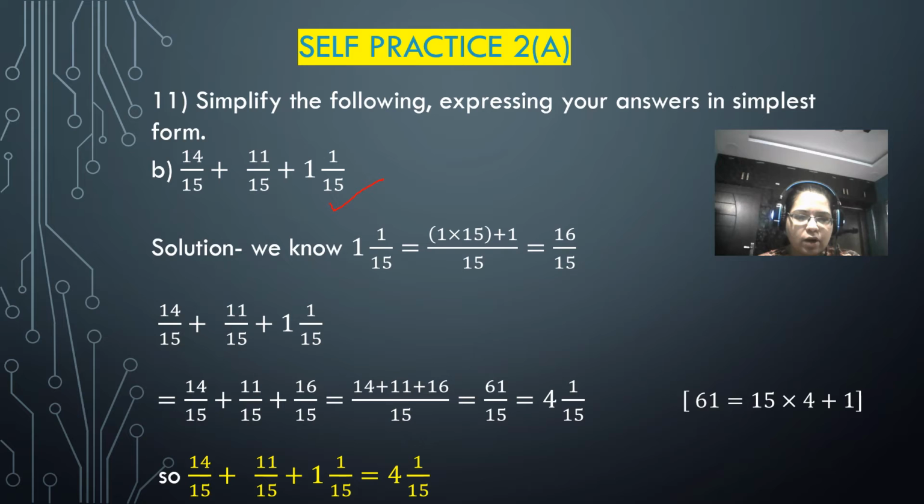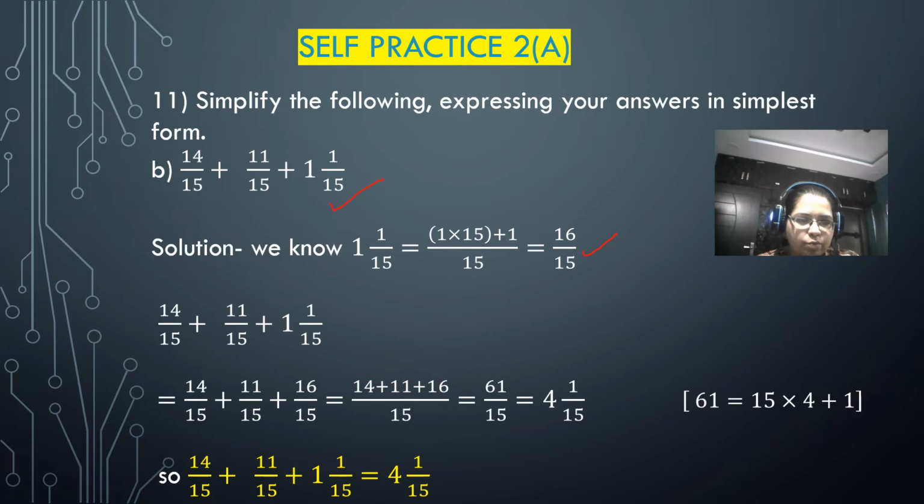So for a mixed fraction, multiply the denominator with the whole, plus the numerator, divided by the denominator. So multiply the denominator 15 with whole, 15 multiplied with 1 is 15, and add 15 with the numerator, that is 1. So 15 plus 1 is 16. 16 divided by denominator 15. So we get 1 divided by 15 equal to 16 divided by 15, and 16 divided by 15 is an improper fraction.